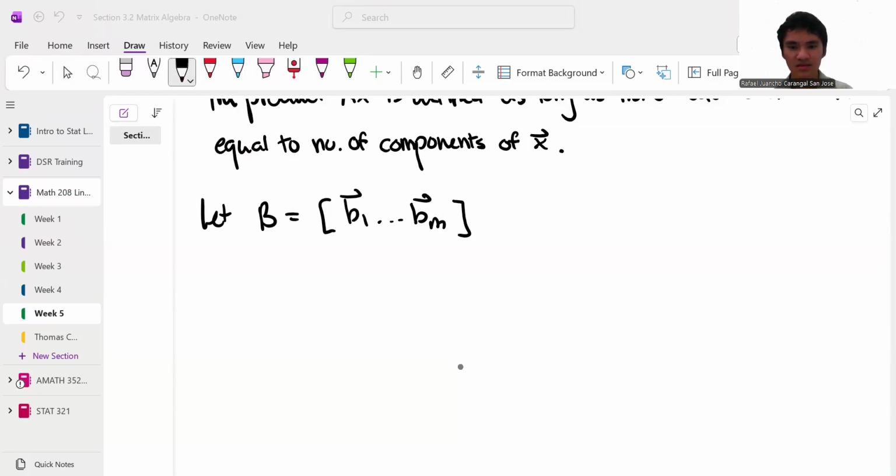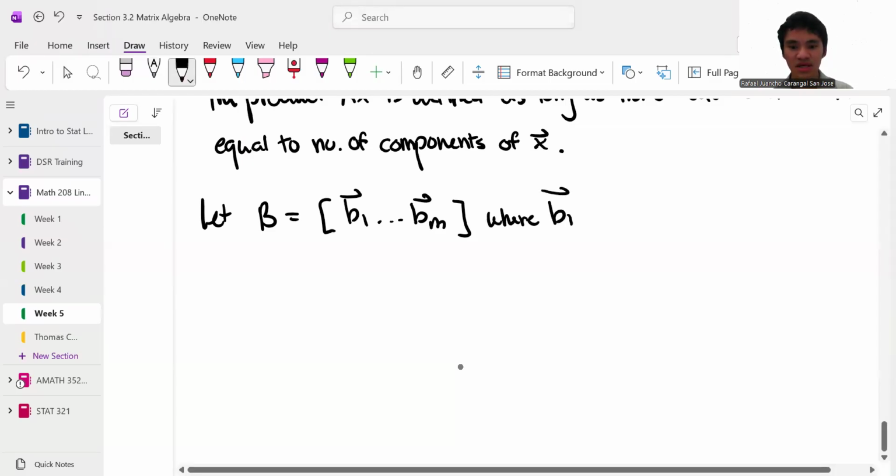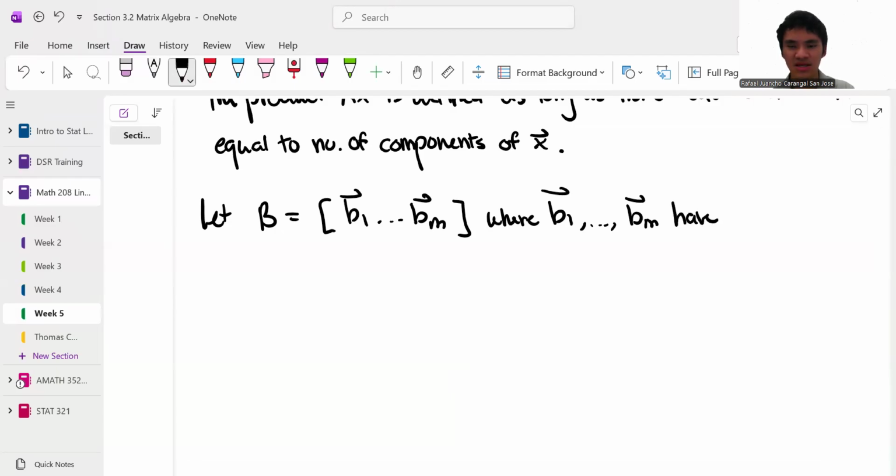We say that these guys, B sub 1 all the way to M, say they have K components. So from there, we know that B has K number of rows and M number of columns. So we say that this is K by M. That's what B is to describe its dimensions.